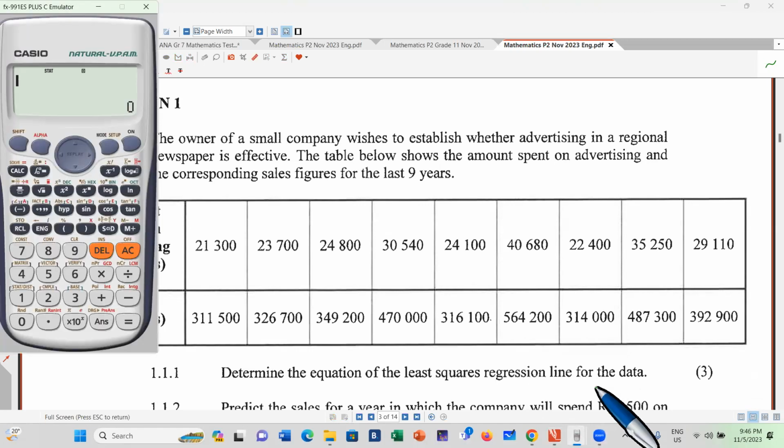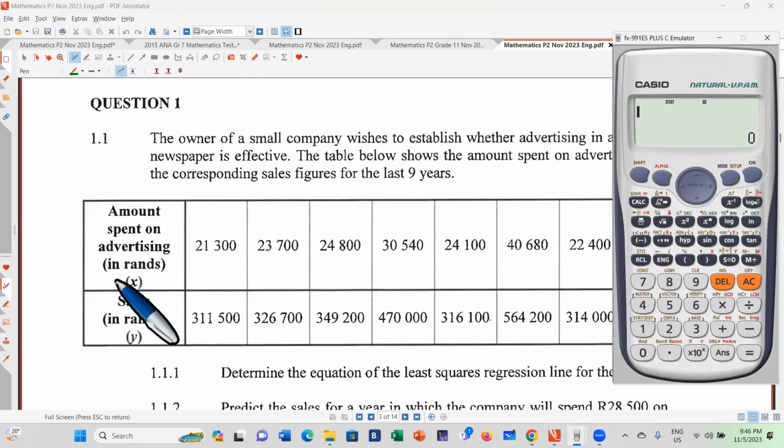If I launch my calculator like so, we need to look at the following things: the amount spent on advertising X and the sales Y. Let me have my calculator reset. First things first, we press the mode button to find the least squares regression line.